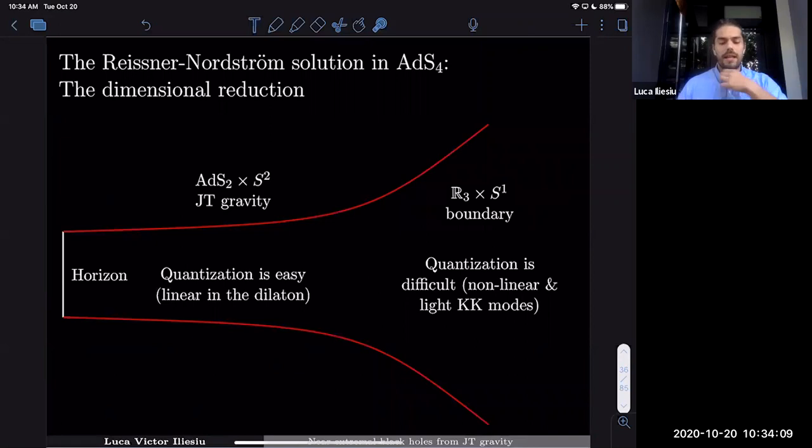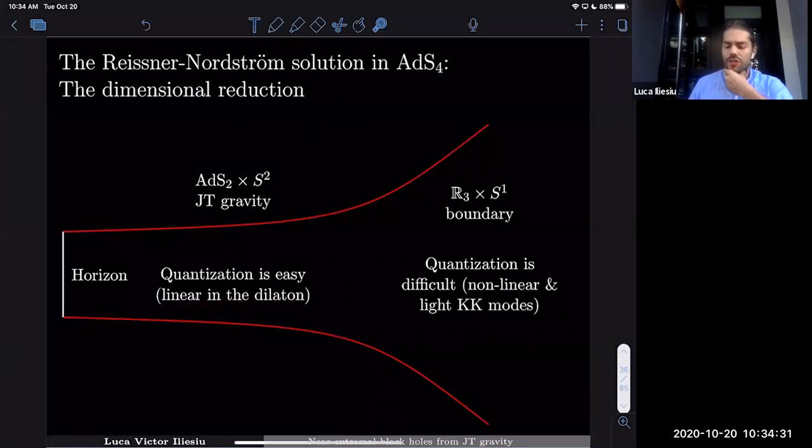So the problem is that if I actually wanted to integrate out the dilaton and metric, I can do it fairly easily in the near horizon region. The reason why is that in that regime, the potential can be approximated to be linear.